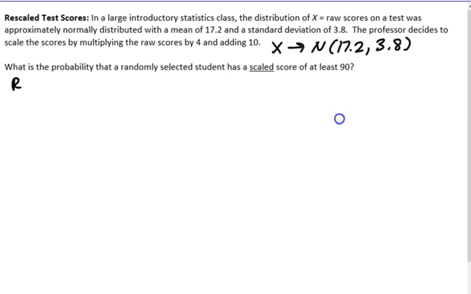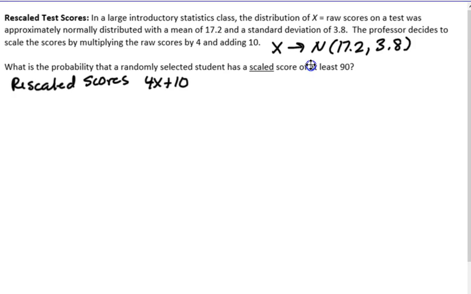With the rescaled scores, we are going to be multiplying x by 4 and adding 10. So the rescaled scores are 4x plus 10. So the question is, how does that affect the mean and the standard deviation then of the normal model used to represent the scores?